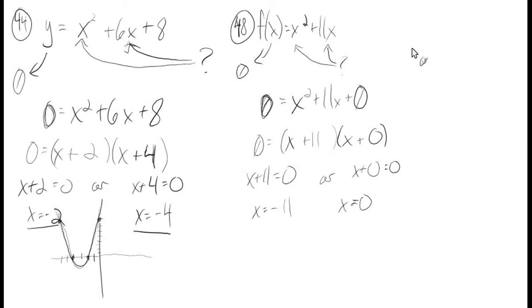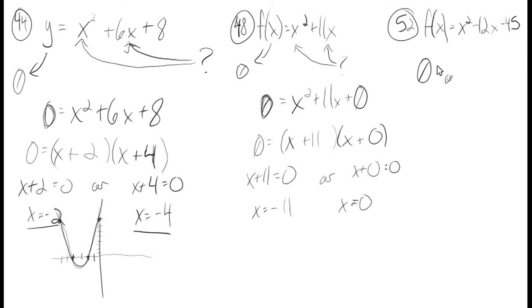And then number 52, that'd be the last of the zero finding ones. F of x equals x squared minus 12x minus 45. So again, what can we put in for x to give us 0 as the output?